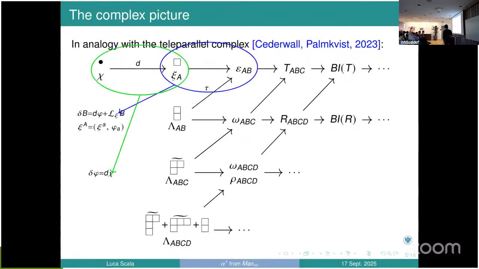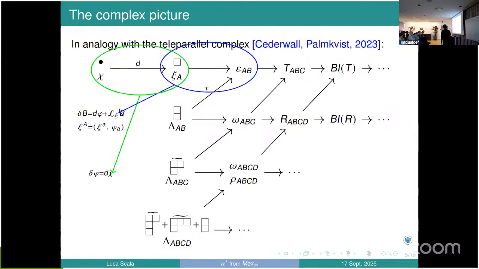But as you know, these quantities are invariant under some generalized gauge transformations. So for instance, let's take the B field that lives inside here. Transformations of the B field are given by gauge transformations and generalized diffeomorphisms of the B field. The parameters of these two transformations can be combined in a single generalized gauge parameter CA.